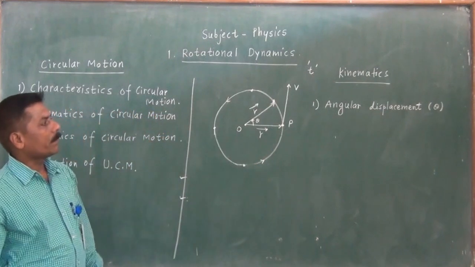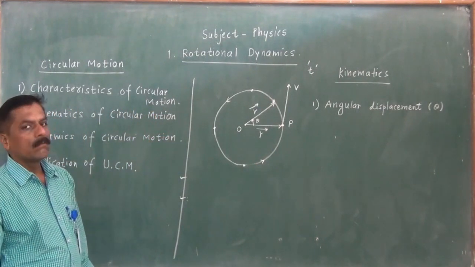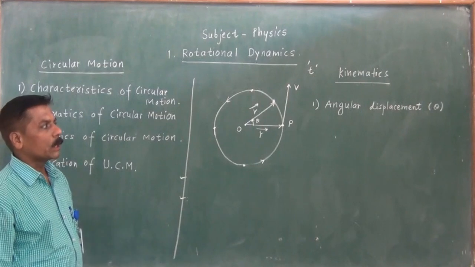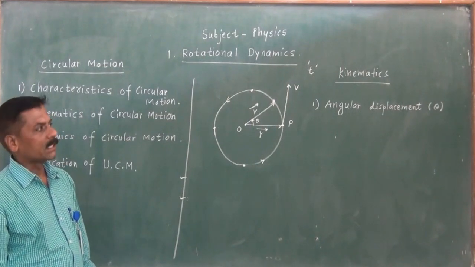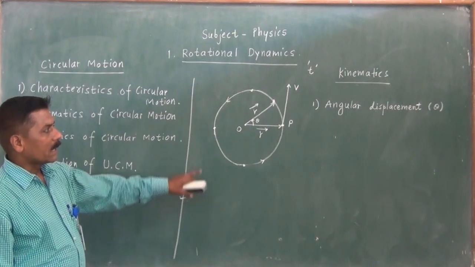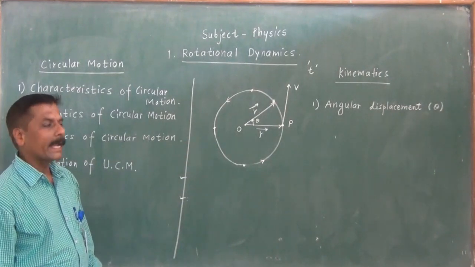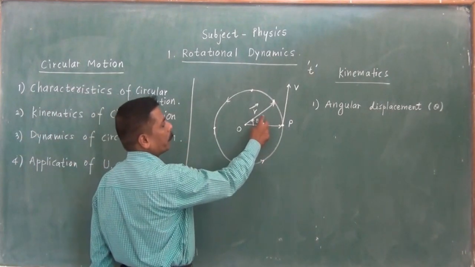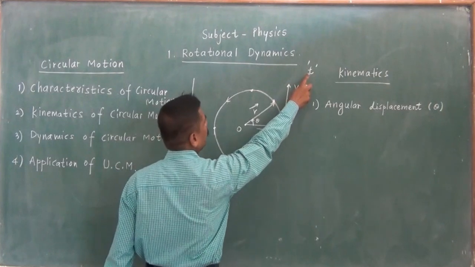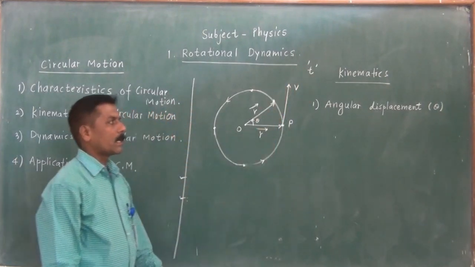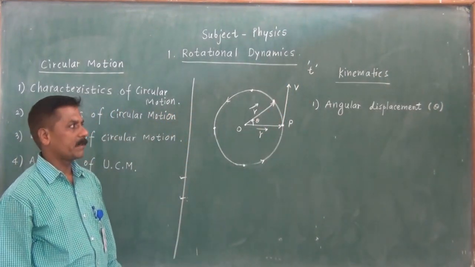So in circular motion, we use the angular displacement terminology, that is, the angle traced by the radius vector in a given interval of time. It is called the angular displacement.